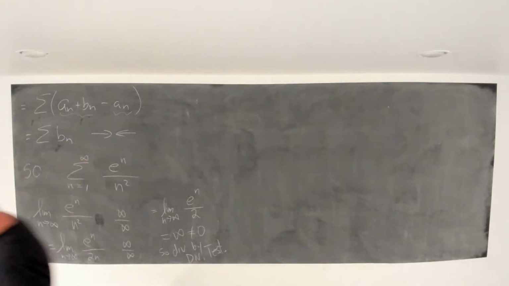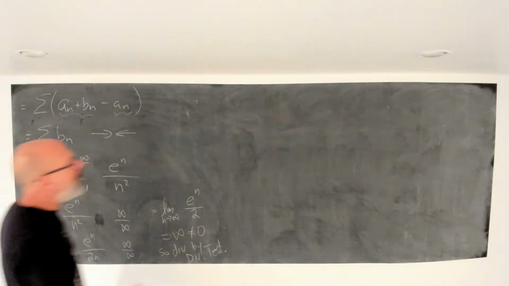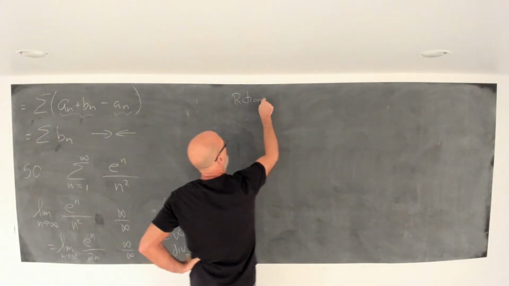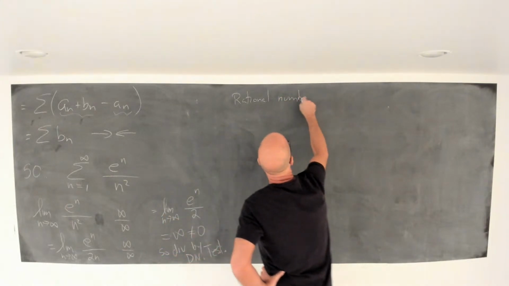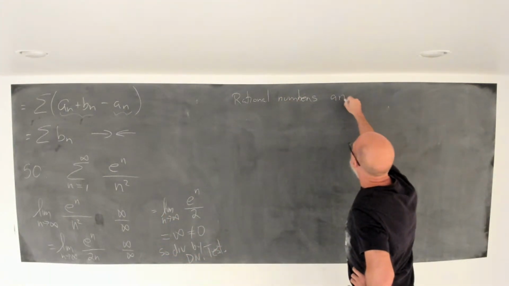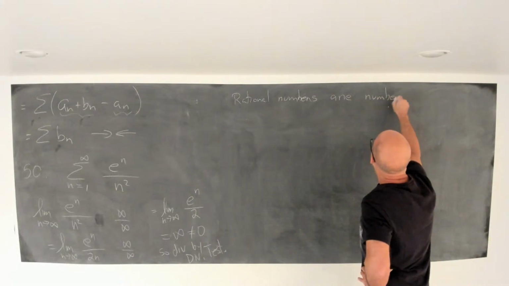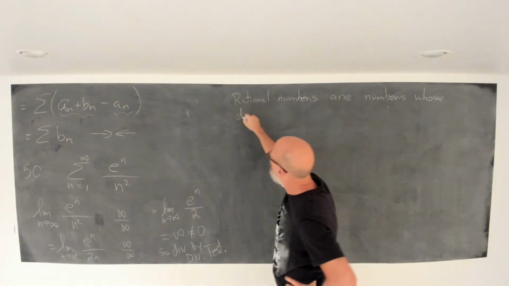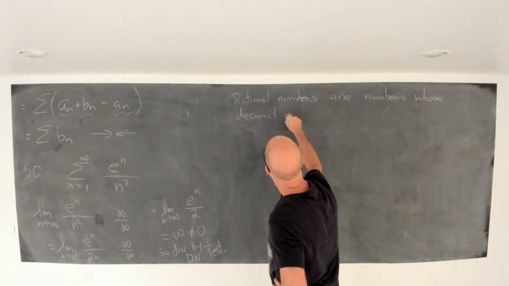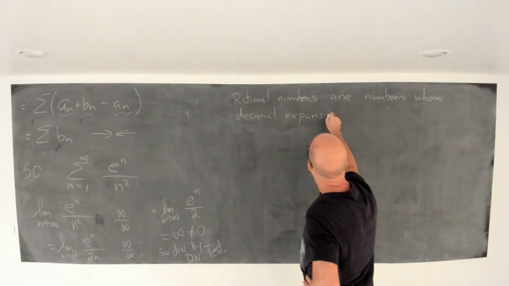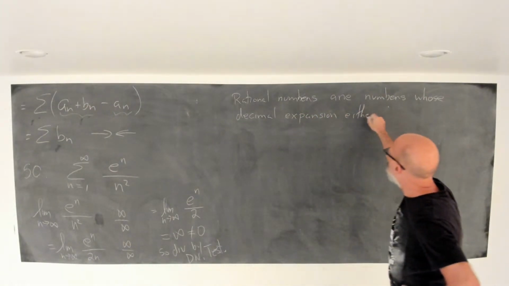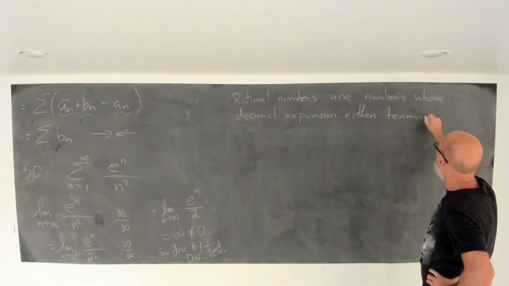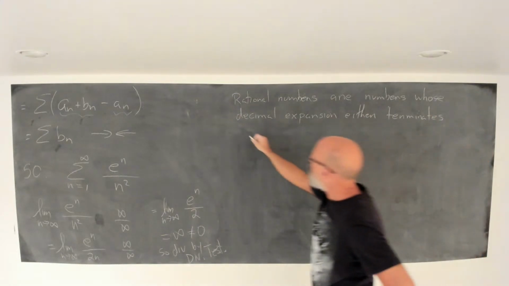Perhaps you were given the same definition, but we were told that rational numbers are numbers whose decimal expansion either terminates or repeats.